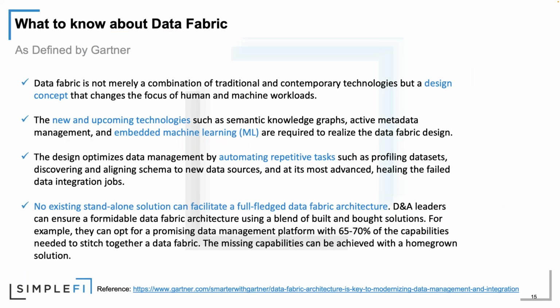As defined by Gartner, and I took a straight reference, so none of this is from me specifically. This is all coming from Gartner's public site. But data fabric is not only a combination of data, it's a design concept.